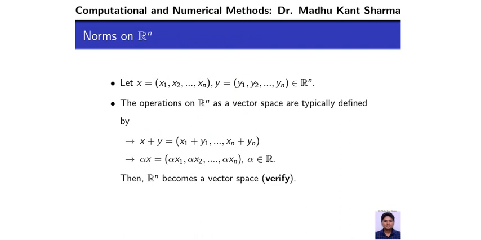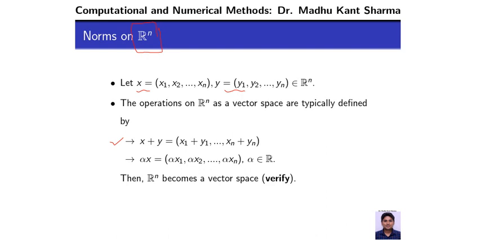Now recall the vector space Rn. If you choose any two vectors from Rn, you can define vector addition by adding the entries at the corresponding places.